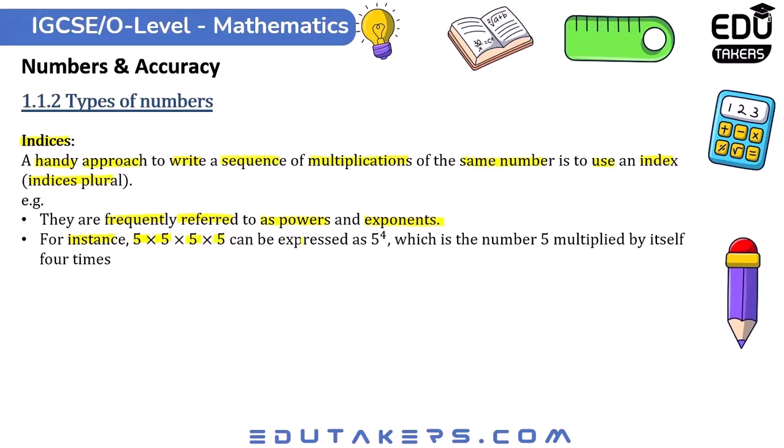We can write it as 5 raised to power 4, which is the number 5 multiplied by itself 4 times. And if we have x times x times x times y times z, we can express it as x raised to power 3 times y times z square in index form.